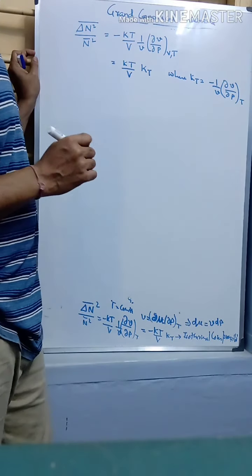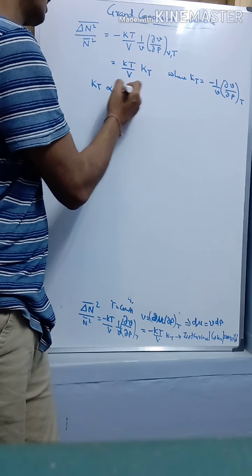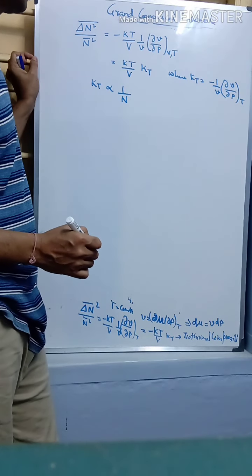And we know that kappa T is basically inversely proportional to N, because that contains the pressure term in the denominator.